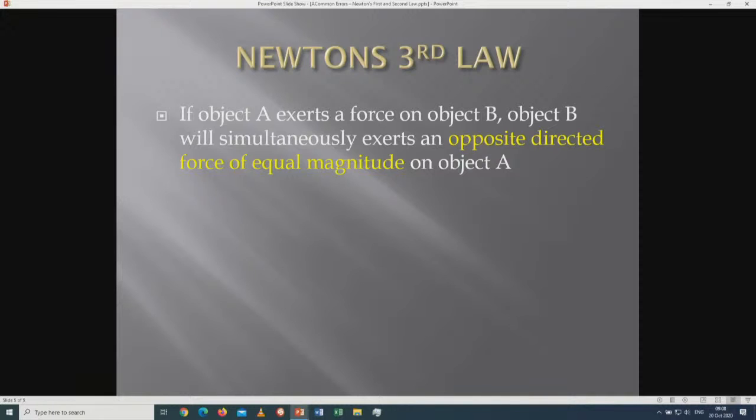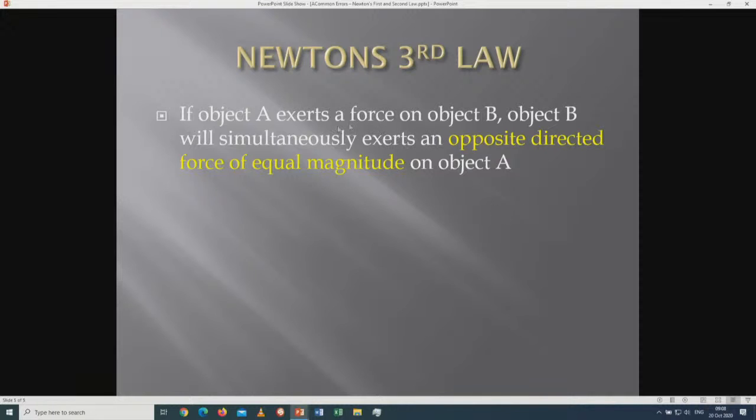I haven't put it on the slideshow, but it's very important to know that your action and reaction forces act on two different objects. And Newton's law states this.